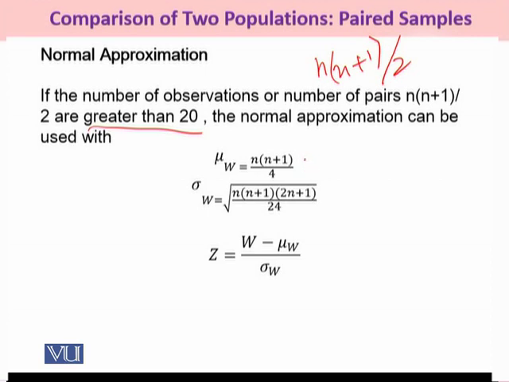That is followed by calculating mu W and sigma W, and finally we use the standard normal distribution, where we calculate Z and compare it with the tabulated values of the normal distribution, and we can accept or reject our null hypothesis for comparison of the two populations under paired samples.